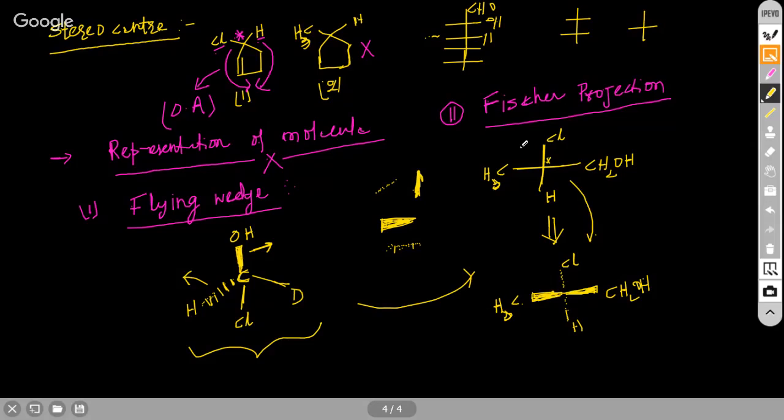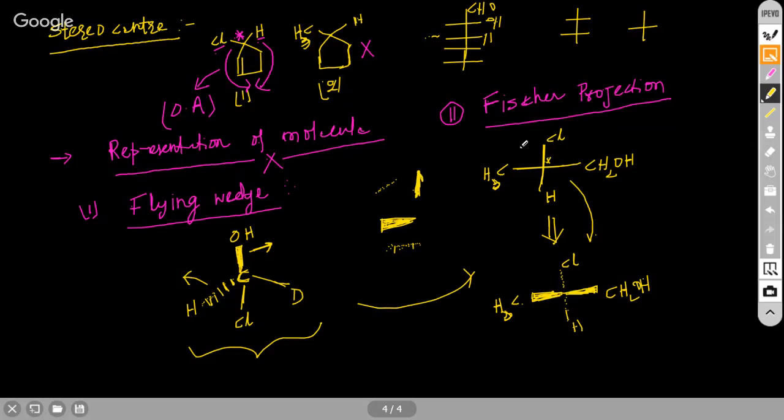Now, like I said, the behavior of a molecule can be either D or L, dextro or levo. In the wedge-dash representation, we show two bonds, but it is not planar.